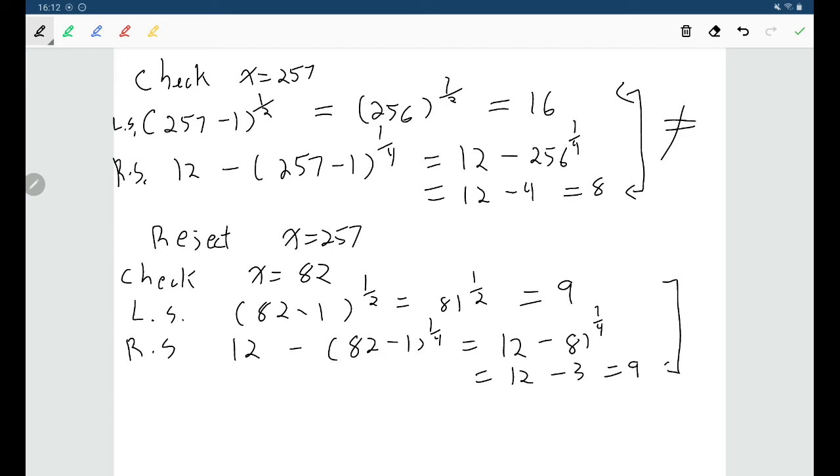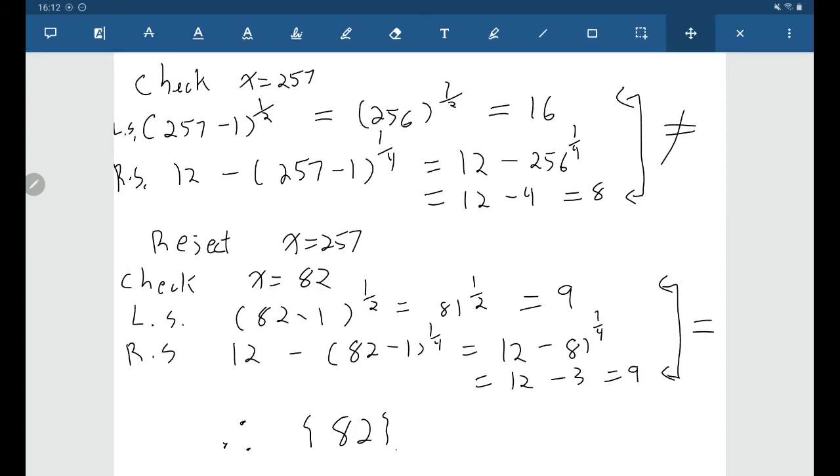And now we can see that the left side and the right side are indeed equal to each other. So 82 is a solution. So the only solution to the original equation is 82. That 257 that we found was an extraneous solution.